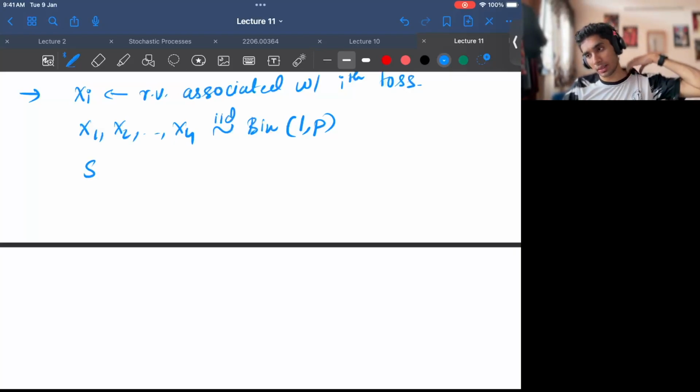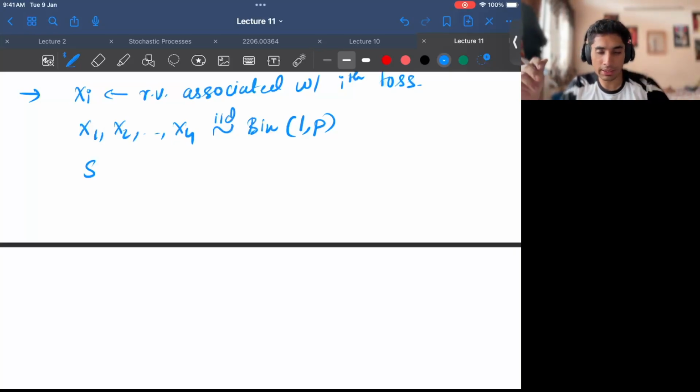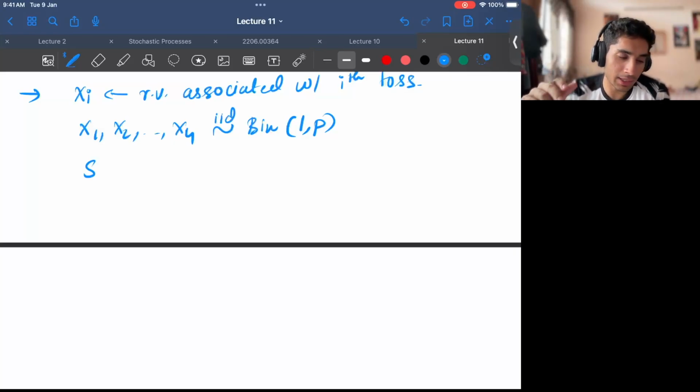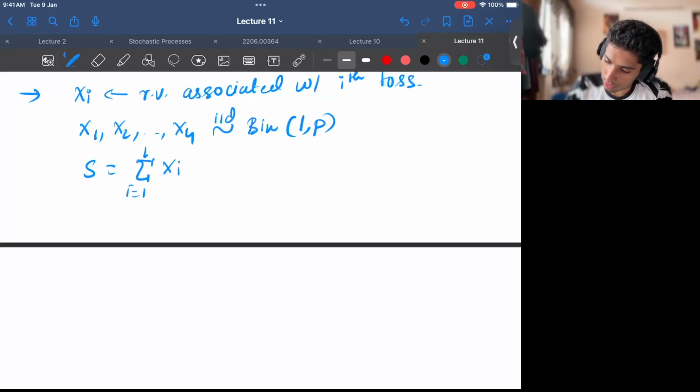So how will you write s in terms of x1 to x4? It's quite simple, right? Let's say the heads is denoted by 1. Then s is nothing but summation of xi, i equal to 1 to 4. So if three heads have come, then there will be three ones in x1 to x4, and the summation will be 3 because the other will be 0, right?